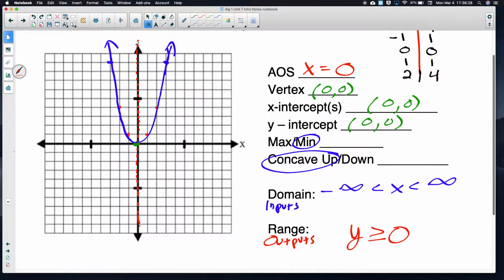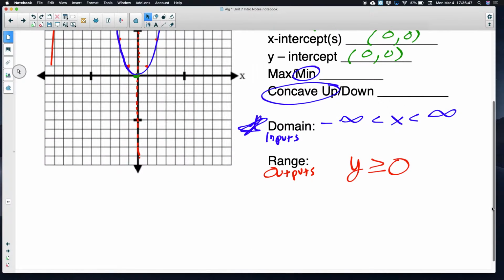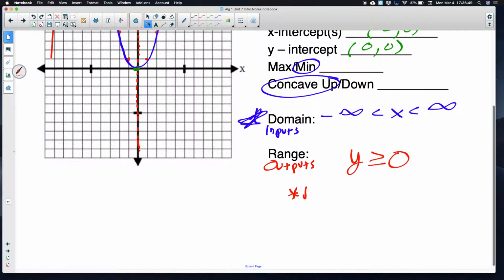I can get anything above the x-axis. I can get any outputs I want. Okay? So I will tell you, your domain is always going to be between negative infinity and infinity for a parabola. Your range is going to depend on the vertex location.